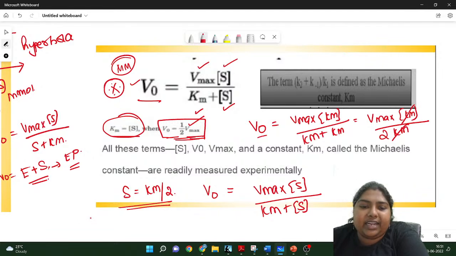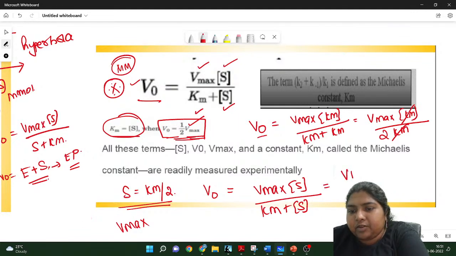This will become V max into Km by 2 divided by Km plus Km by 2.